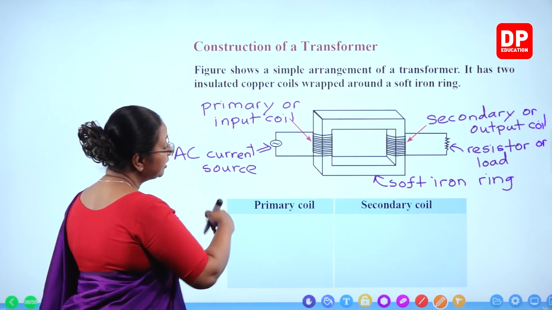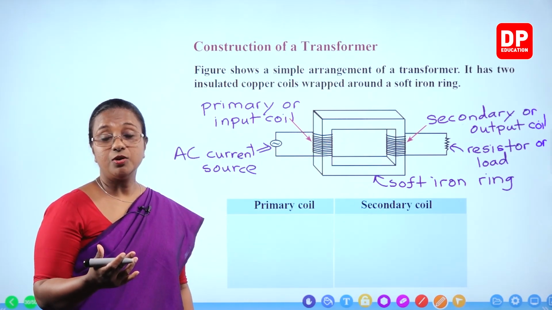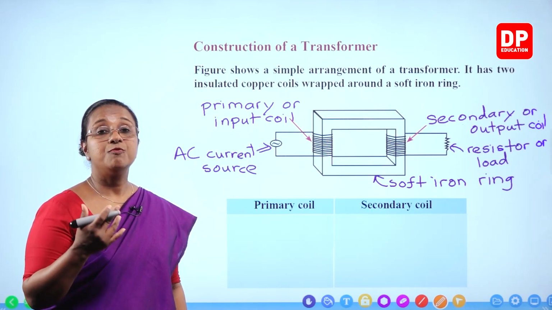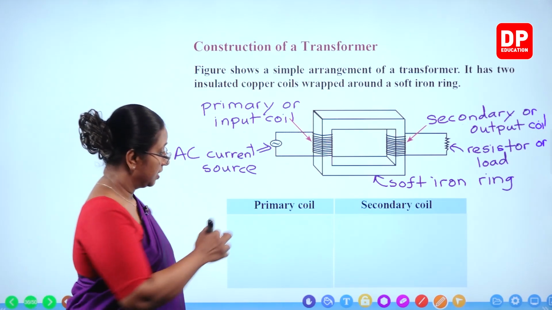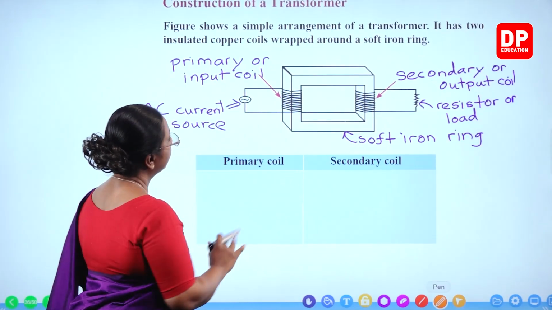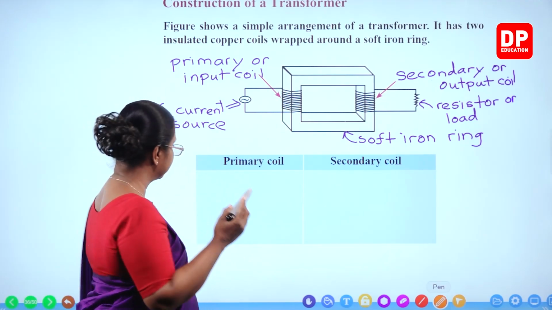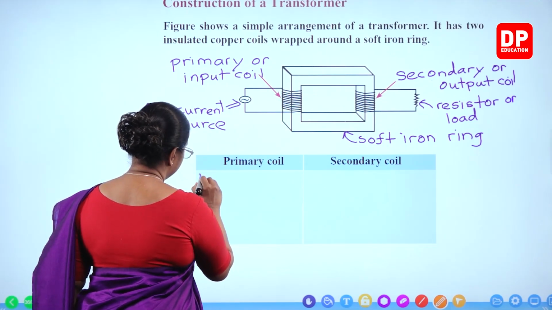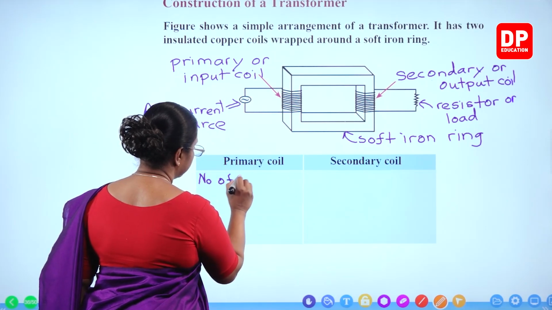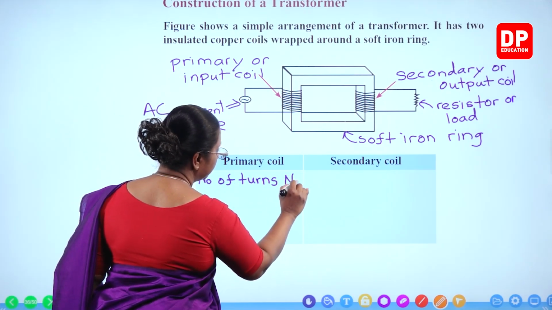So, the voltage that is supplied to the primary coil is known as Vp. If I fill this table here, the number of turns in this coil is termed as Np.